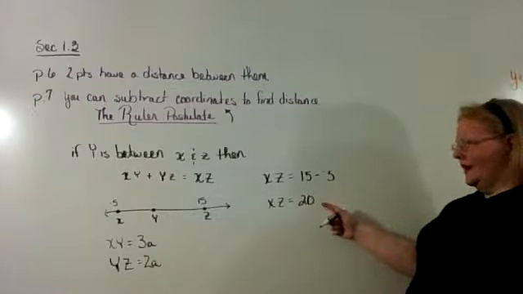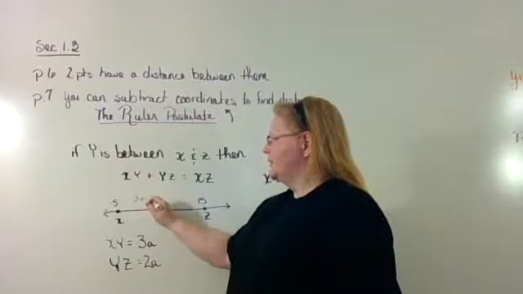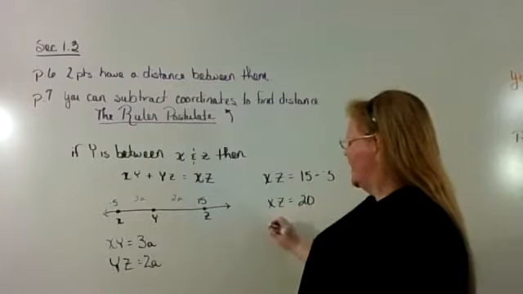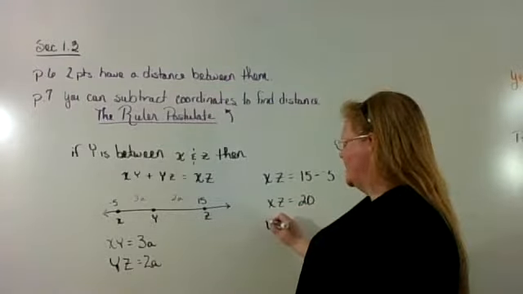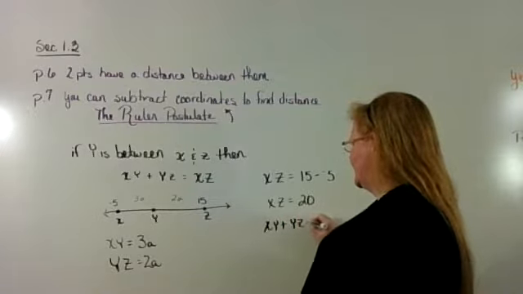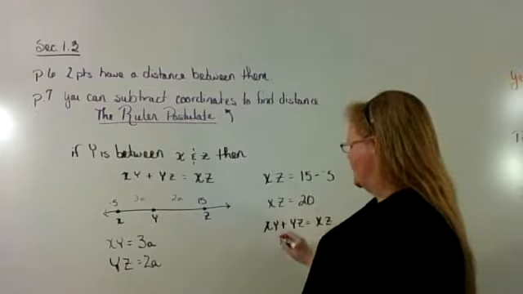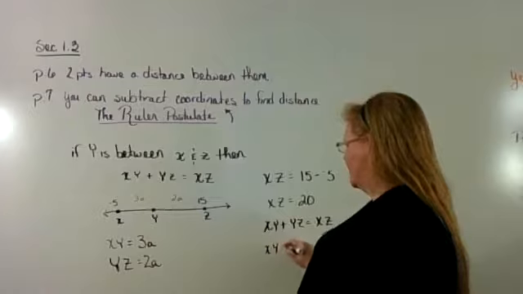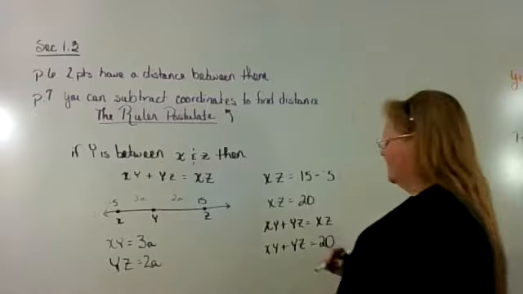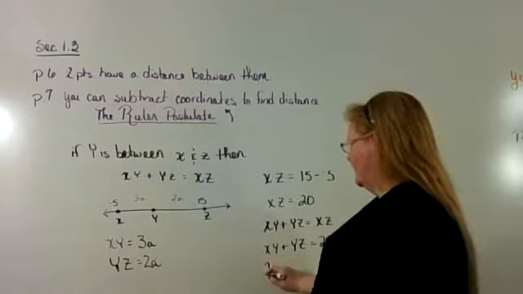Now that we know that that is 20, and we know that this part over here is 3a and this part over here is 2a, we know that xy plus yz has to equal xz. By substitution, I could say that xy plus yz has to equal 20. Then we know xy is 3a.